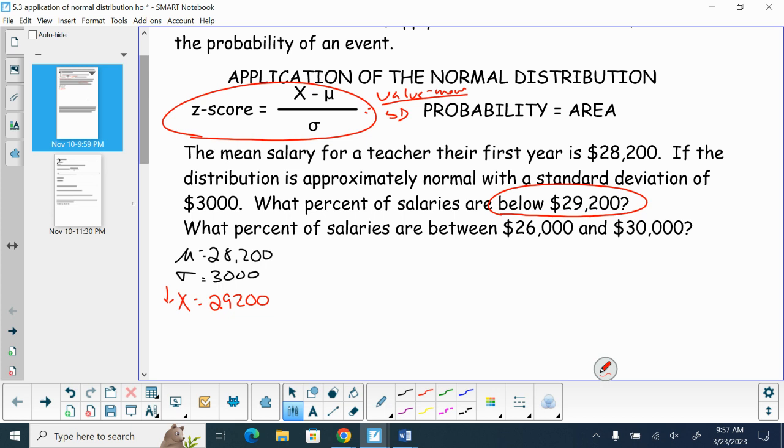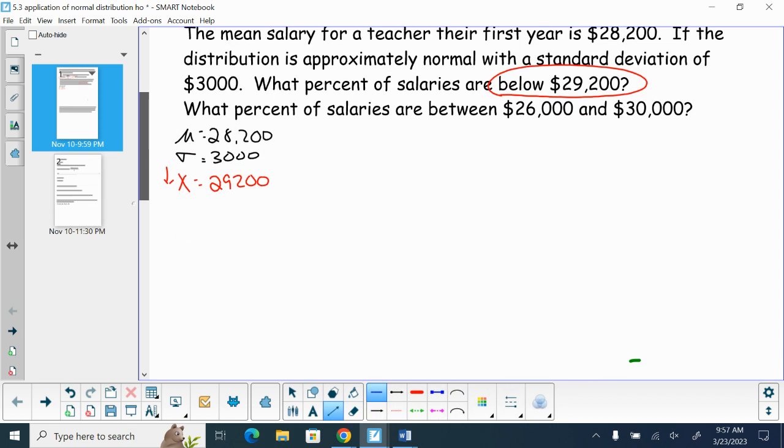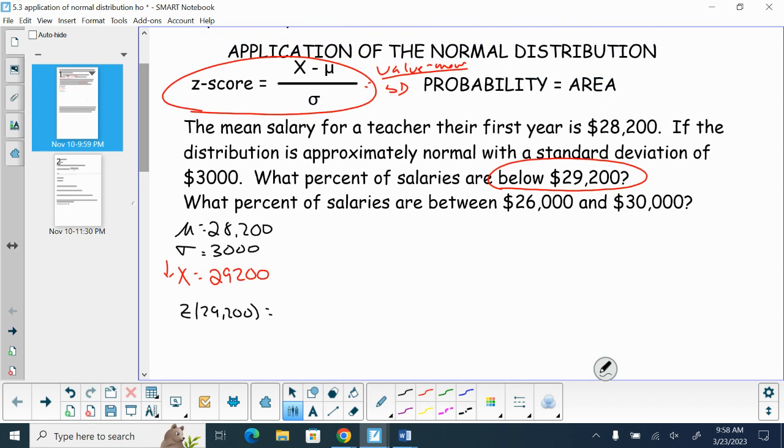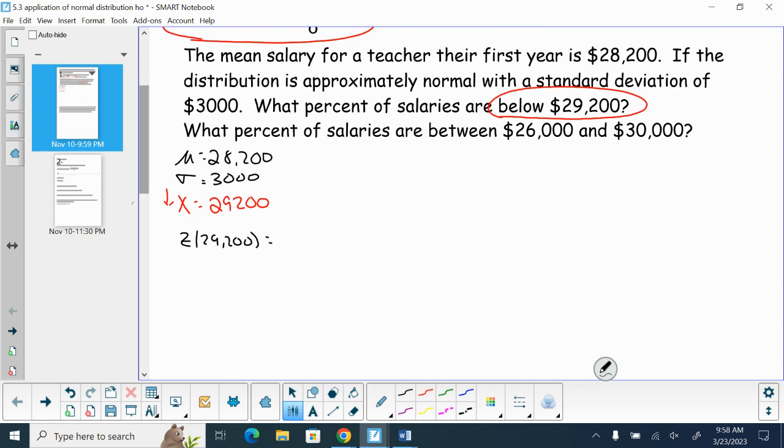So the first step is we need to calculate a Z value for this 29,200. How we calculate our Z value is value minus mean divided by standard deviation. So we have 29,200 minus the mean, which was given as 28,200, divided by the standard deviation, which is 3,000.